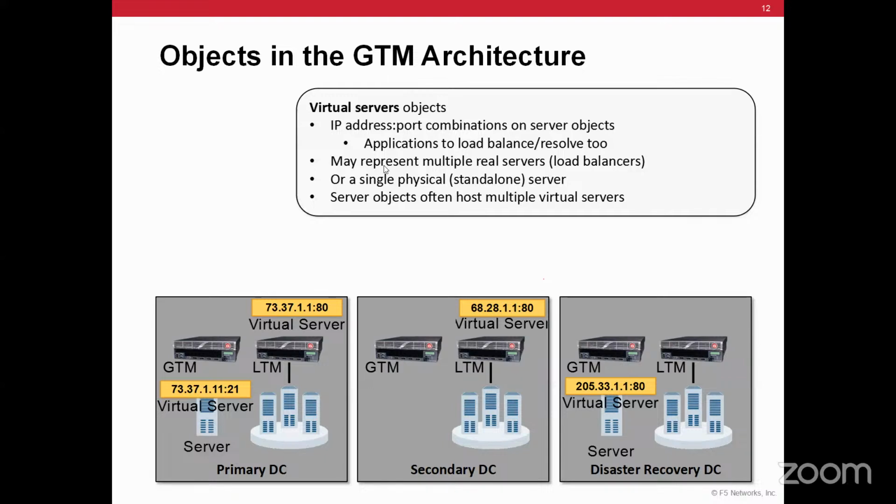Then real server is the server where you have that virtual server. For example, in case of LTM itself, the IP is the real server IP, and the virtual server is a virtual server of the LTM. In case of a normal, generic server where you do not have LTM at the backend, it is very simple. The server on which you are pointing is the real server as well as the virtual server.